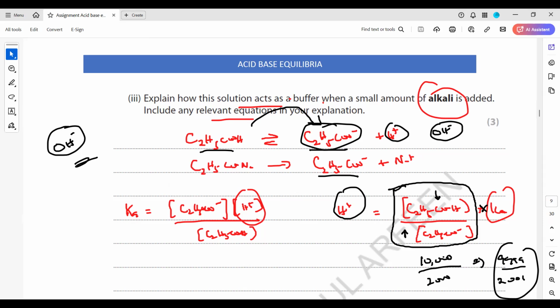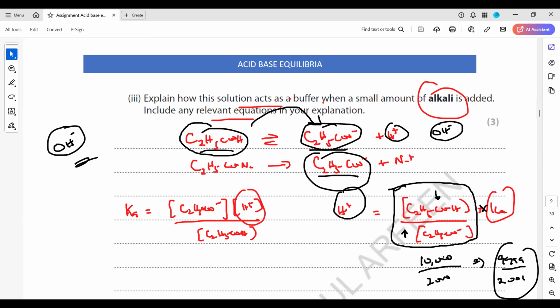We have acid and conjugate base, both in large amount. This is because the acid does not dissociate much, and the salt will dissociate completely. So you have to mention that we have a mixture which contains a large amount of the acid and its conjugate base, or you can also say salt. That is 1 mark.